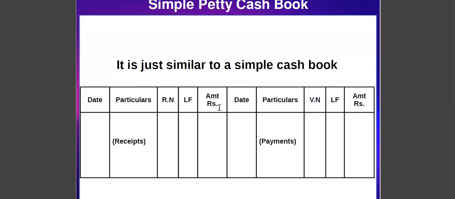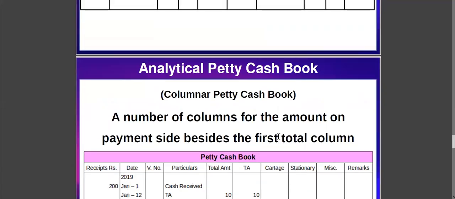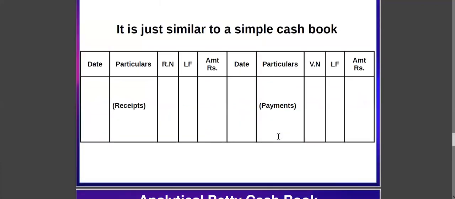The same nature will come here also: debit side receipts and credit side payments. This is very important. You have to use both sides, debit and credit, because you receive the advance, and the payment side also you have to enter.